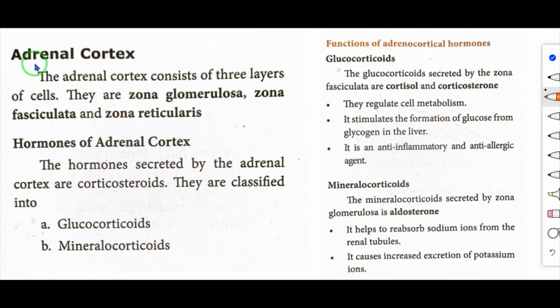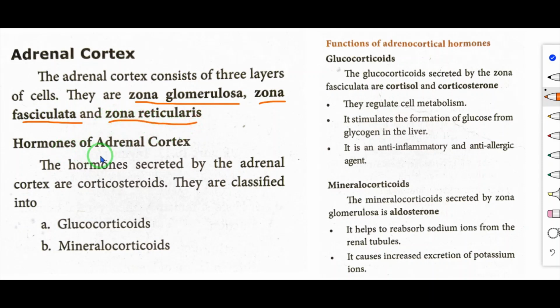The adrenal cortex consists of three layers of cells: zona glomerulosa, zona fasciculata and zona reticularis.